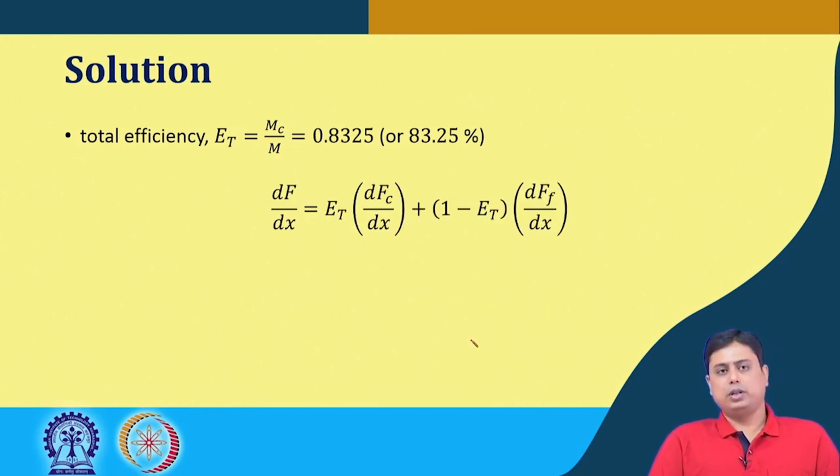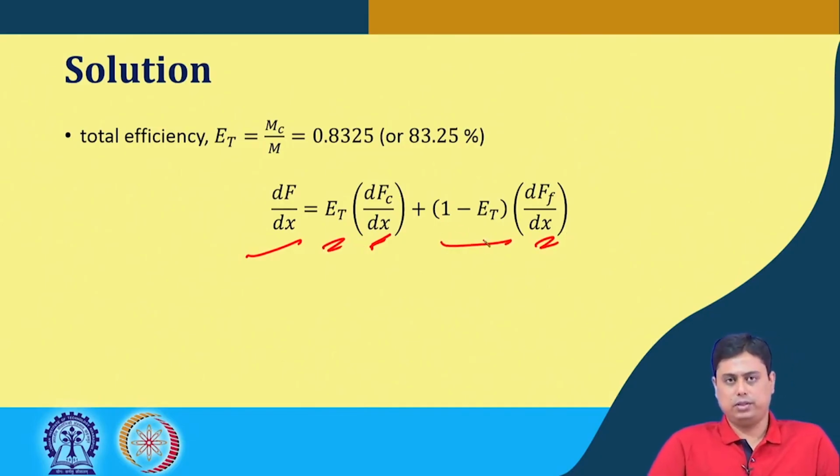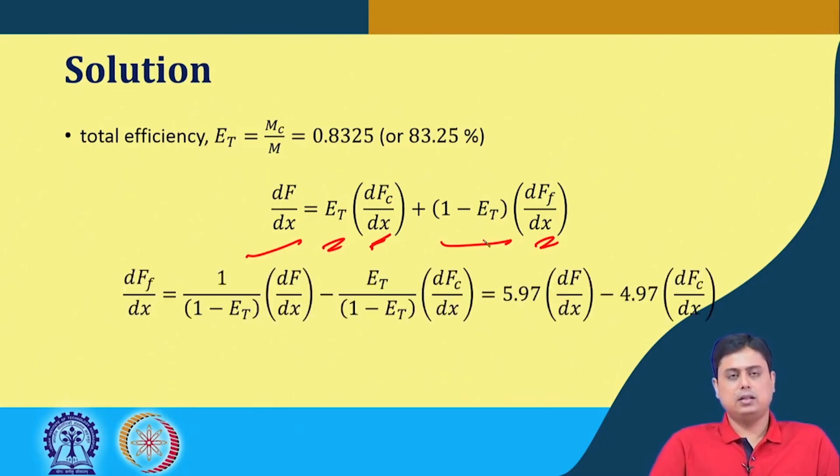This was the size distribution expression that we derived: the differential size distribution of the feed on mass basis, of the coarse product multiplied by the efficiency, and of the finer product multiplied by 1 minus the total efficiency. The question is the finer product distribution, df_f by dx, where again small f represents the finer product, c stands for the coarse product, and simple F stands for the feed.